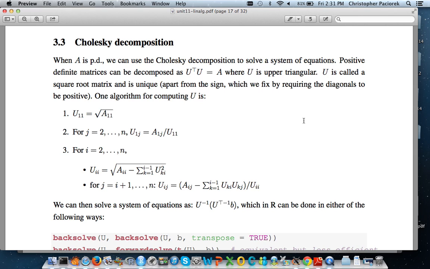And then we're going to have things that look like U12, U13, U22, U23 equals A23, and therefore U23 equals A23 minus U12, U13 divided by U22.